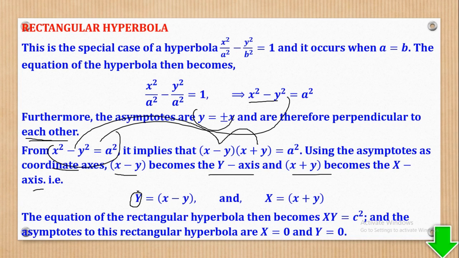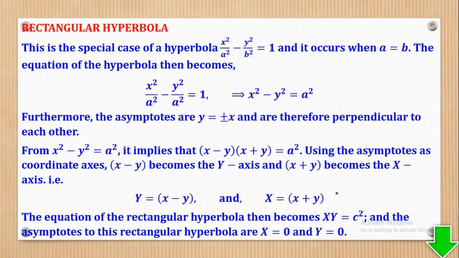Remember in loci, a capital letter is different from a small letter, so now the whole of this will become the y-axis, so we shall call it capital Y. And this becomes the x-axis, so we shall call it capital X. The equation of the rectangular hyperbola then becomes this, because this one is now capital Y and this one is now capital X.